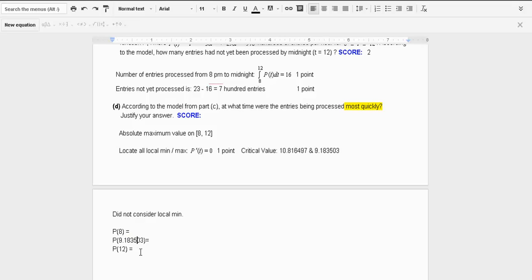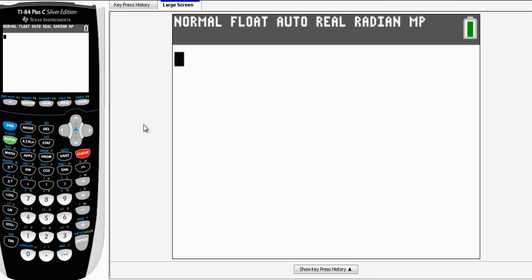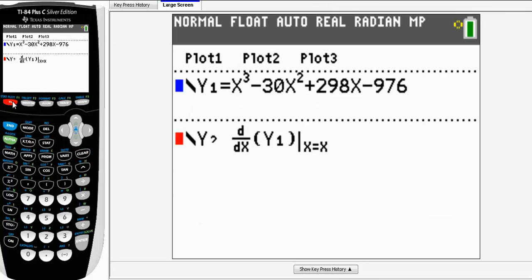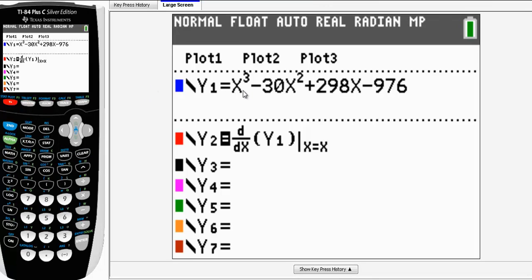Okay, so we need to state that the derivative is 0, that gets us 1 point, and we also need to identify all the critical values. And we have 2 of them, and I got those numbers from the calculator. So in my y1, I have the function p of t.